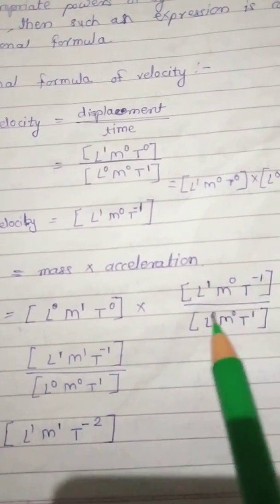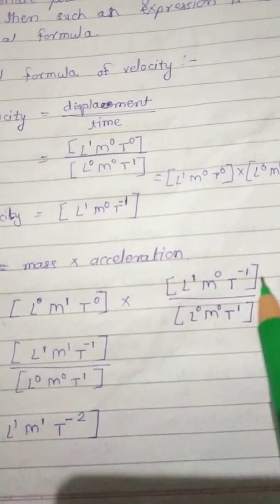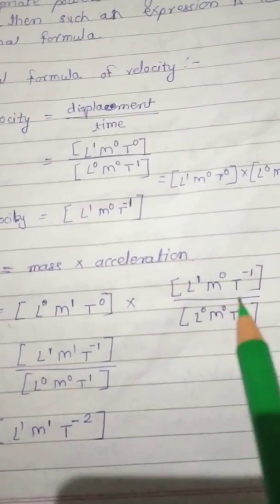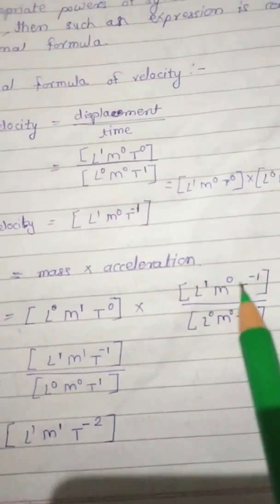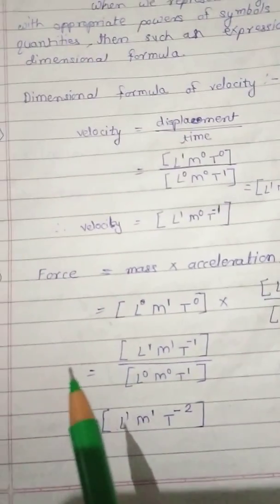Similarly, the denominator quantity is put up in the numerator, and then comparing these powers we get the dimension.